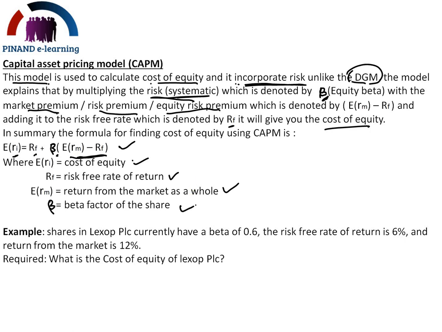Now let's see a simple example and see if we can use the formula. The examiner, as I said before, may not tell you which formula to use, but when you start seeing beta, risk-free rate, risk premium, it's an idea that he wants you to use CAPM to calculate the cost of equity.